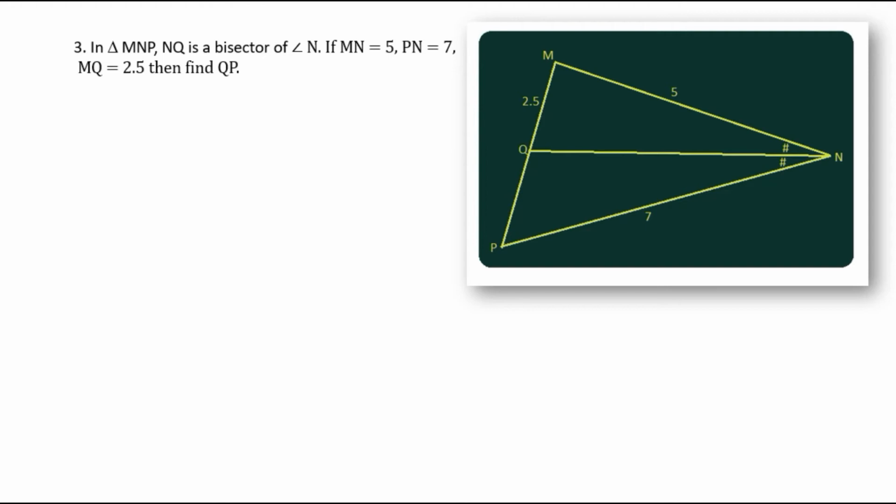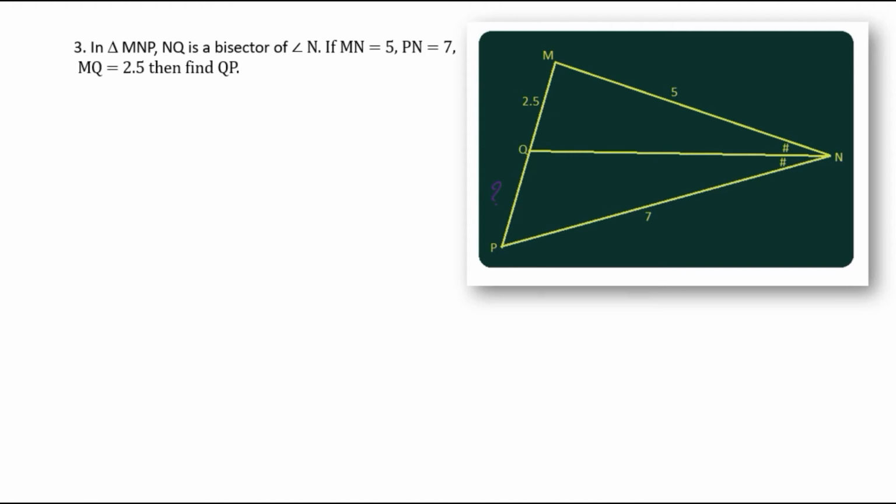Question number 3. In triangle MNP, NQ is the bisector of angle N. See this, NQ is the bisector of angle N, this entire angle N. And if MN is equal to 5, PN 7 and MQ is 2.5, then find QP. So how to find QP?